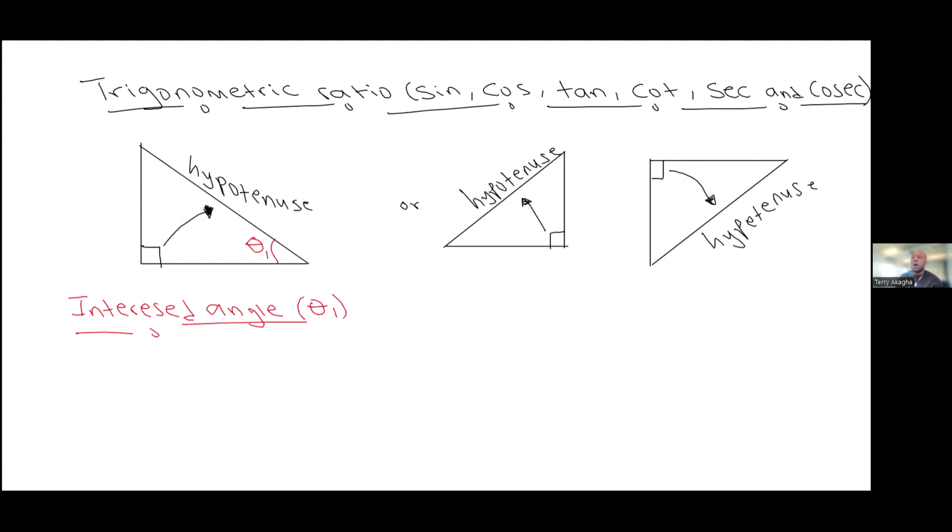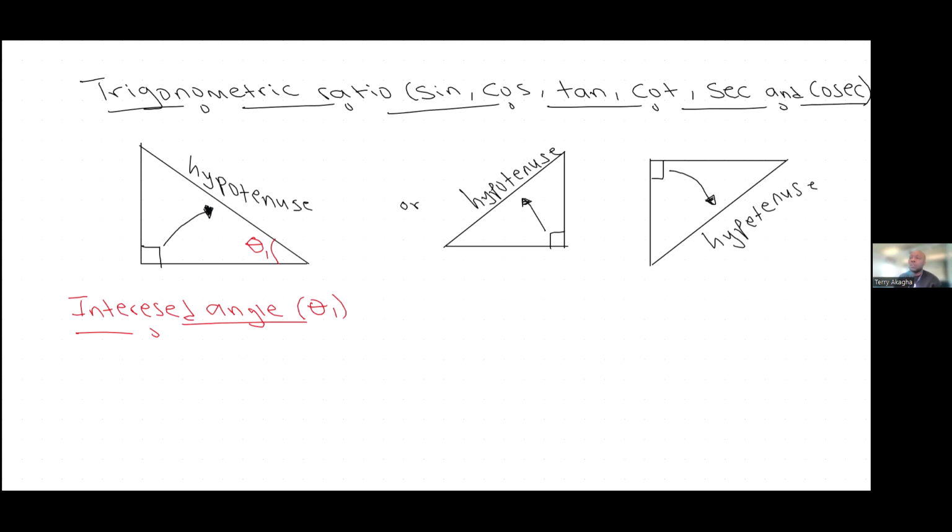Now, how do you determine which is the opposite and the adjacent? We already established that the side directly opposite the right angle is the hypotenuse, right?